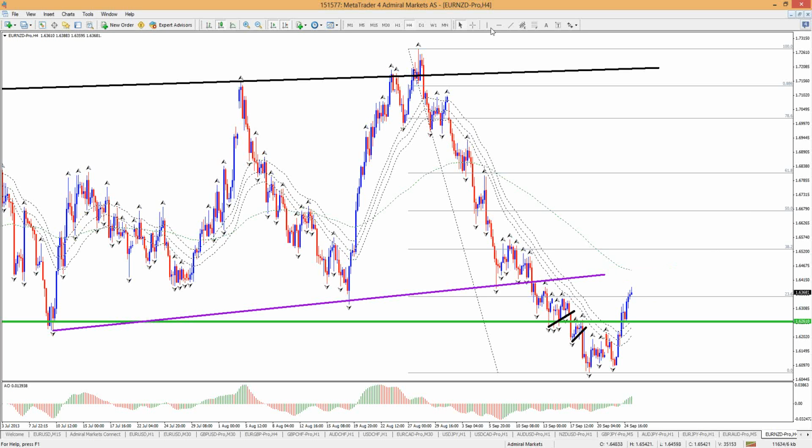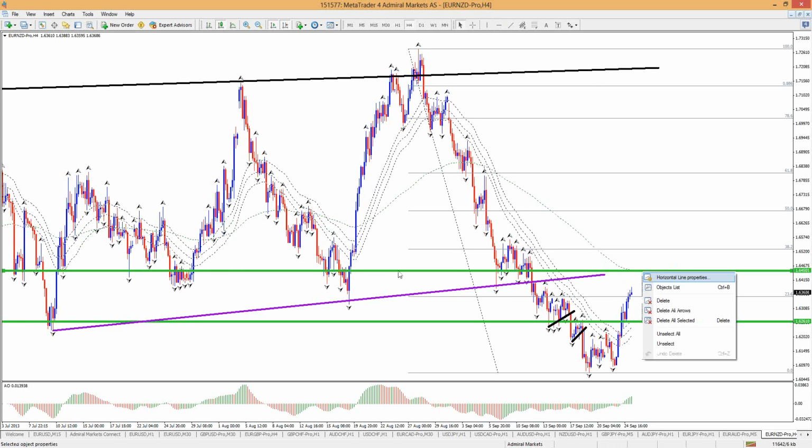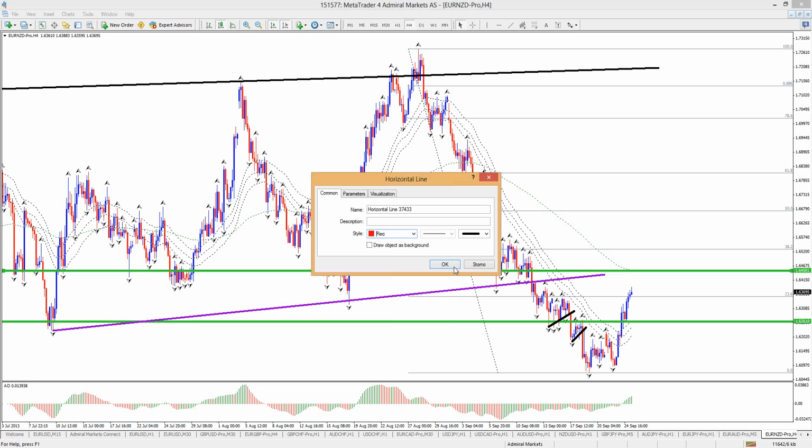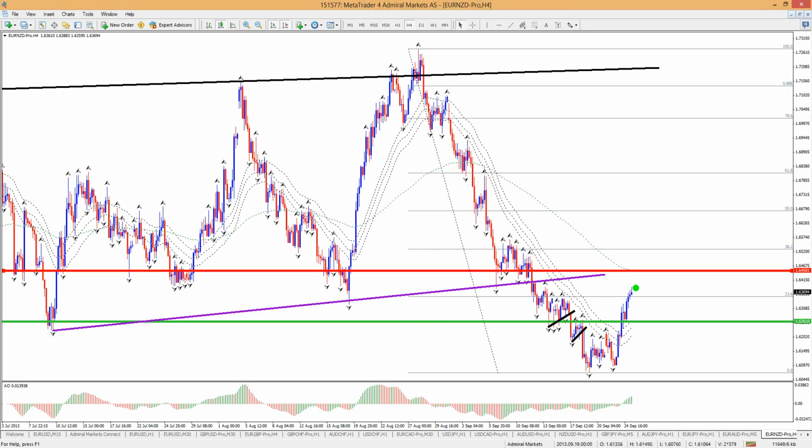I would say that's probably the maximum we can push before we get a retracement, around 164.50. Let me make that red, in fact. 164.50 on the Euro New Zealand, because then we've already traveled a lot, and we should expect a retracement back to the band, where we should expect support up to the 50 fib or 0.382. So something like that is very likely.